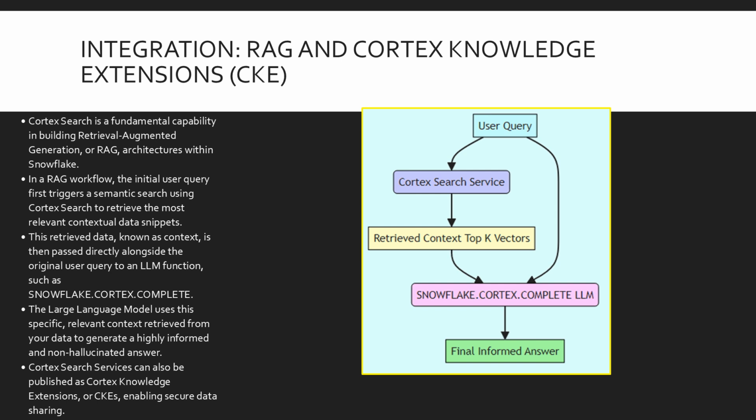This diagram clearly maps out the essential components and directional data flow within a retrieval-augmented generation, or RAG, pipeline, emphasizing the central role played by Cortex Search. The workflow starts with the user query, representing the initial request submitted by the end user seeking specific information or requiring detailed synthesis.